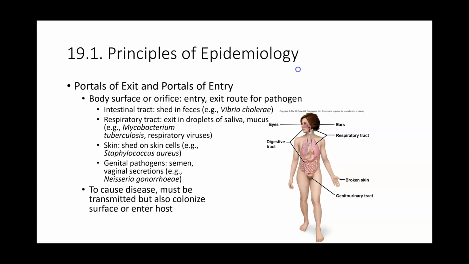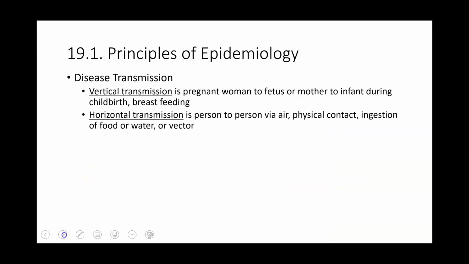Another example that your textbook talks about: Mycobacterium tuberculosis enters through the respiratory route via droplets, and it exits again through those droplets. There are different ways that disease can be transmitted.